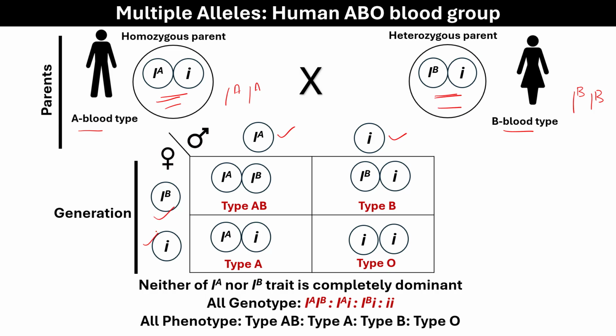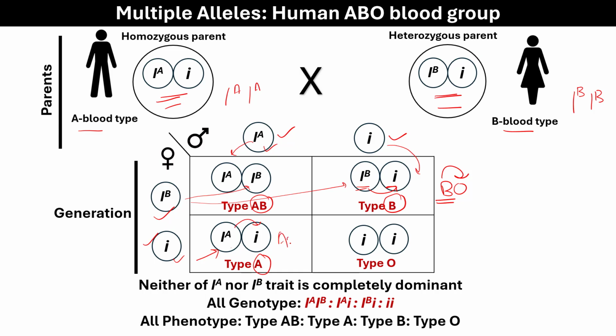In their generation, when IA and IB come together, the blood type would be AB type. When IB and small i come together, this is completely dominant over the other, so this will be blood type B. It's not BO, it is only B because B is dominant over O. When you have IA from here and i from here, you have blood type A because IA is dominant over i.